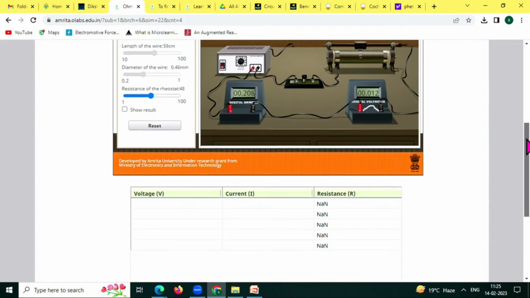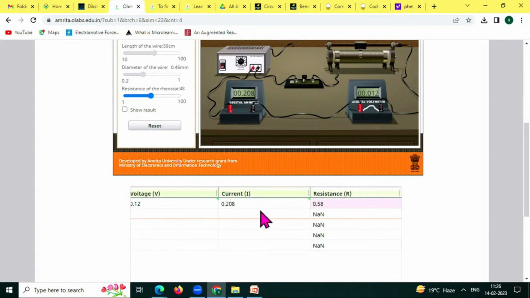The voltage value given is 0.012, so let me fill it in. And what is the value of current? Let us read it: 0.208. Here the resistance is calculated automatically.